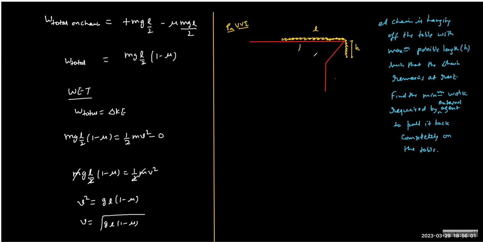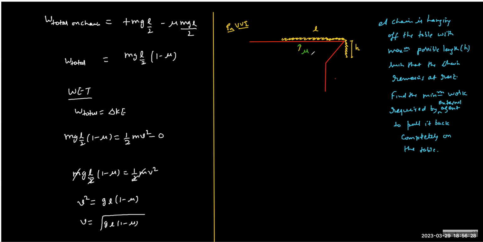It is not possible that it is frictionless. It must have some friction. So the idea is you as a student have to think about mu. Mu will not be mentioned explicitly, but it is indirectly implied. Otherwise, we can't solve. So your first step is to solve for mu.